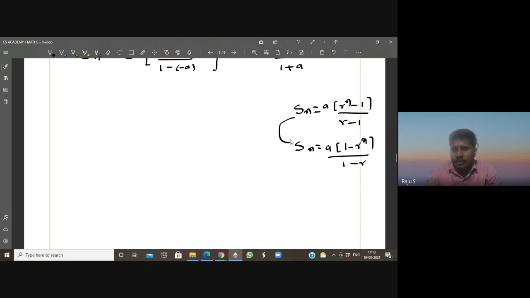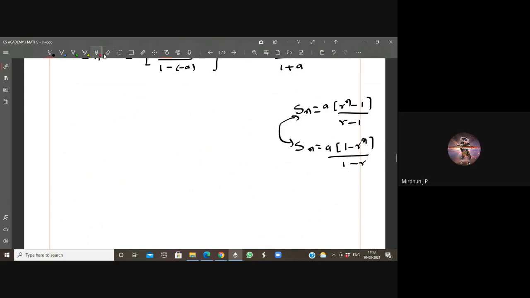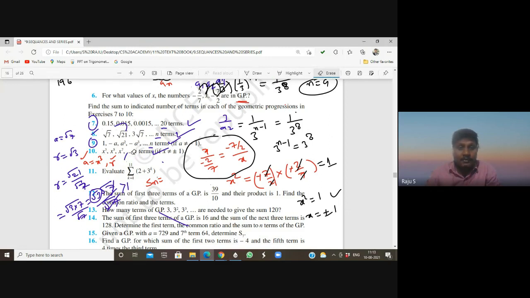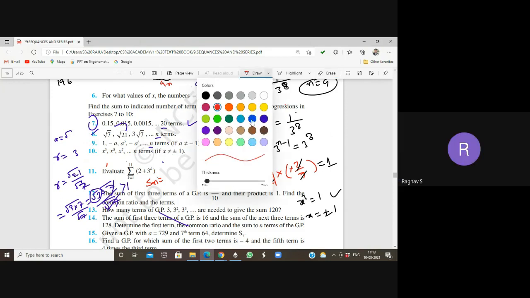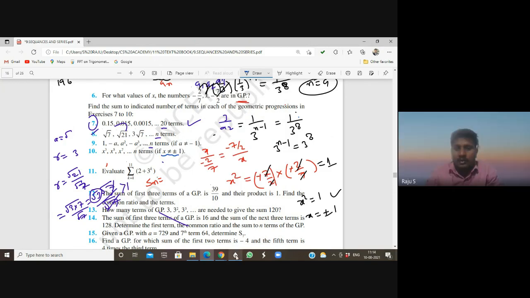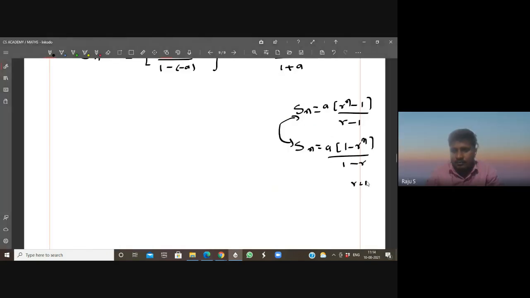From this formula, we are getting another formula. Both will be right, but whenever we don't know that, see here, in this question number 10, the first one is for r lesser than 1, and the second one is for r greater than 1.